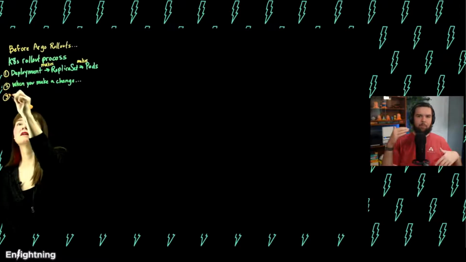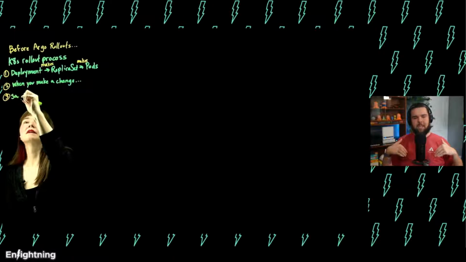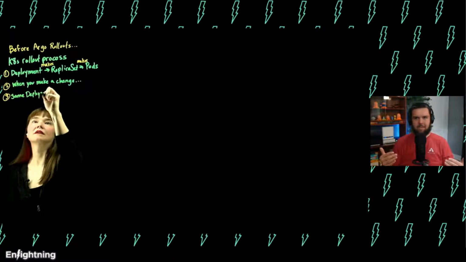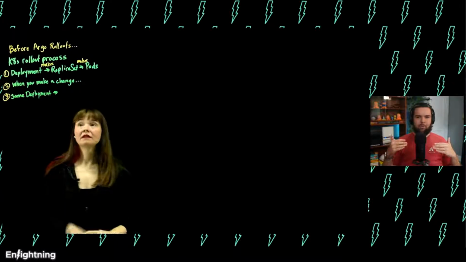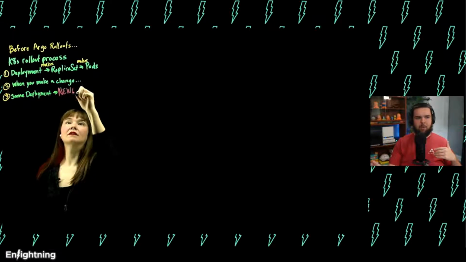The recreate strategy tears down all the old pods from the old replica set before deploying the pods from the new replica set. Those are really the only two functionalities you get for rolling out a change into a Kubernetes cluster with a deployment.